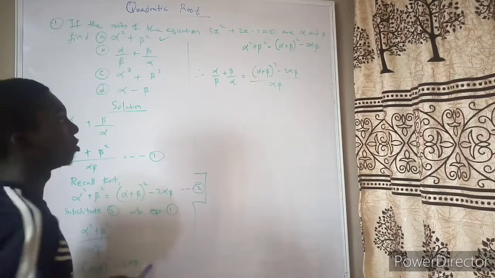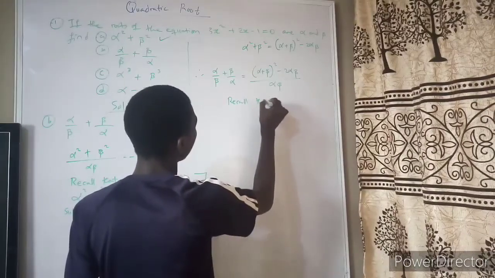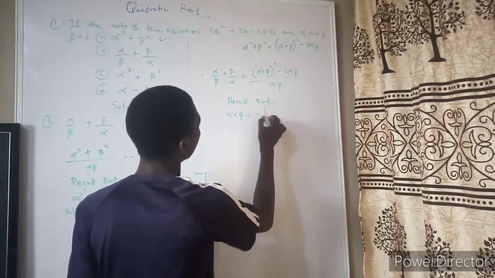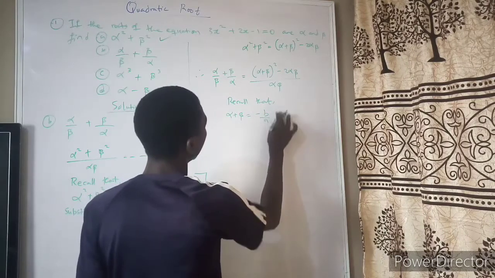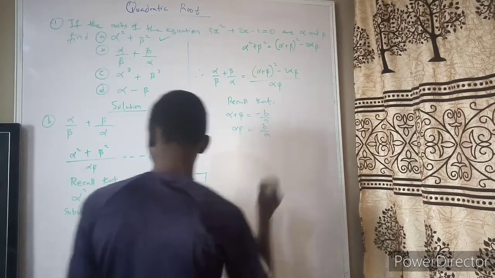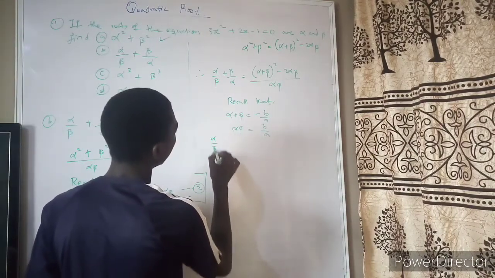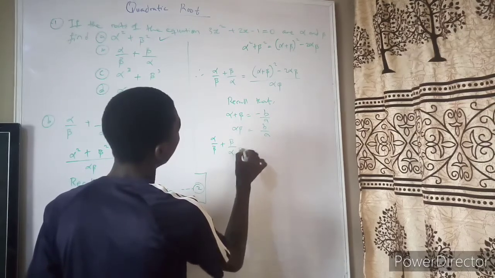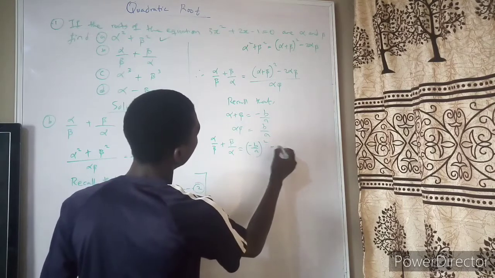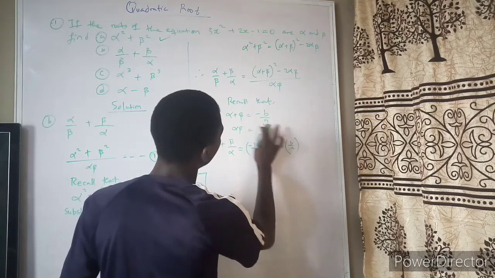So now we can substitute. Recall that alpha plus beta is equal to minus b over a, and alpha beta is equal to c over a. So I can now say alpha over beta plus beta over alpha is equal to minus b over a all squared, minus 2 alpha beta, which is c over a.